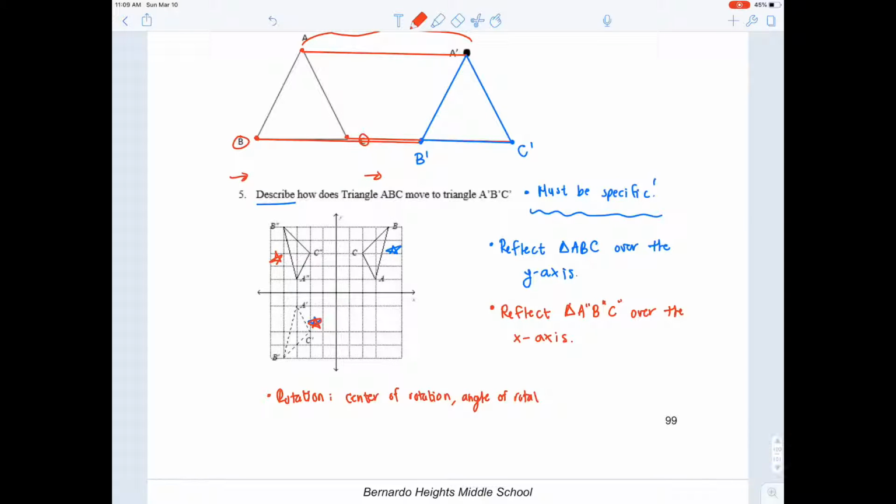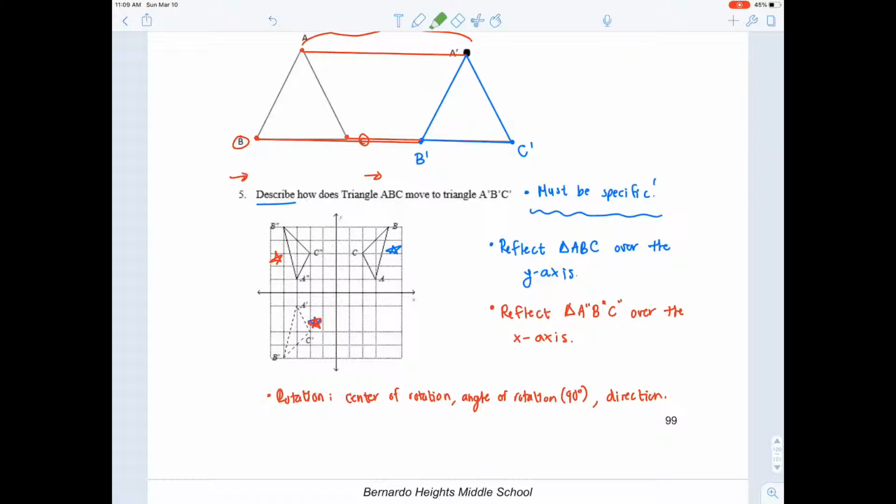So for example, 90-degree rotation, right? I'll write that down, 90 degrees. And then in which direction? Clockwise, counterclockwise, okay? If you tell me just 90 degrees, I'm going to assume counterclockwise. But if you meant clockwise, you have to tell me so, okay?